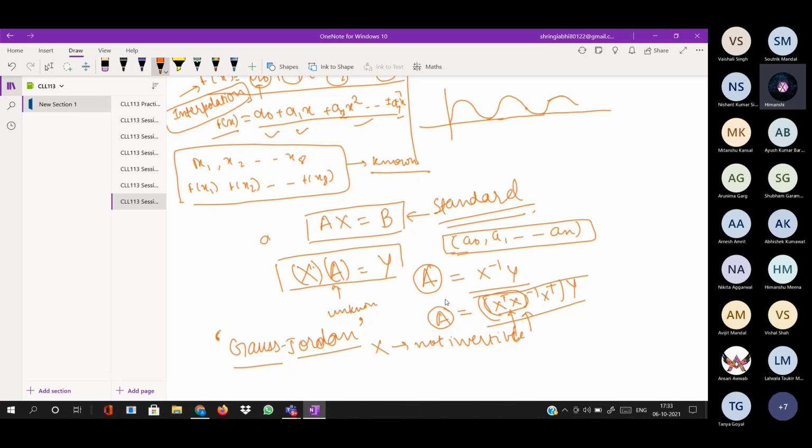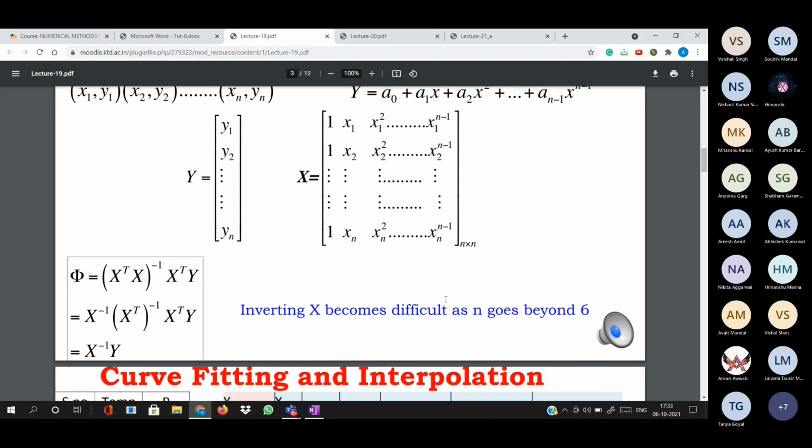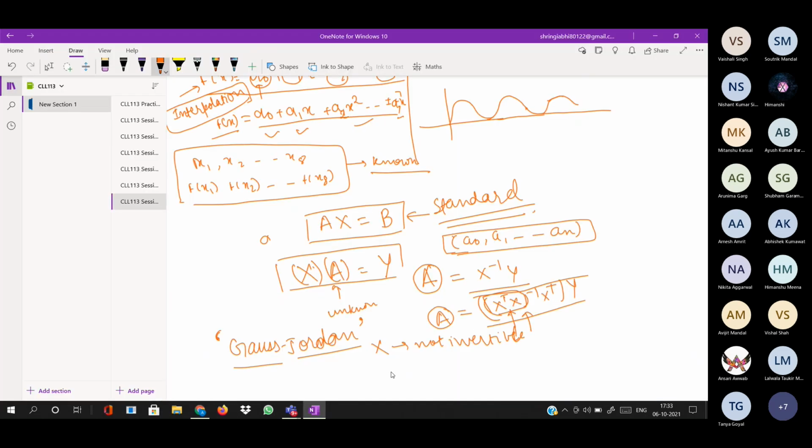Sir, it is written that if the order is greater than 6, then there will be problems in calculating numbers. Yeah. Inversion is n cube, no? O(n cube) operations you have to take. It is time complexity. Time complexity is high, so it becomes difficult.